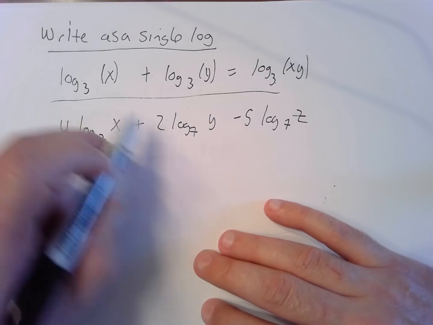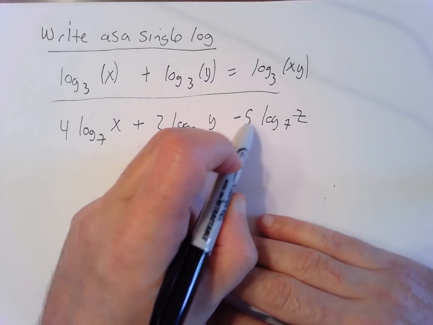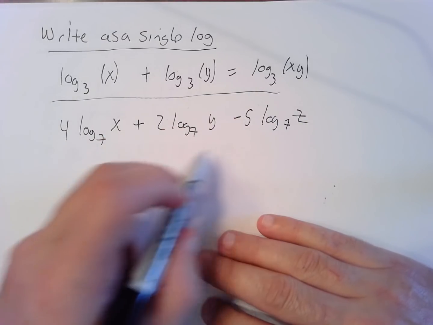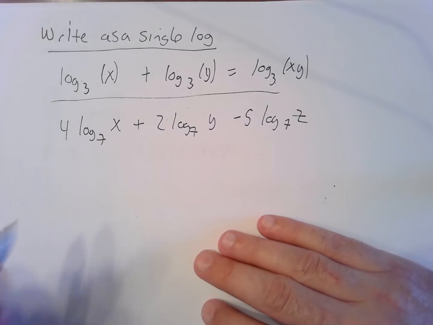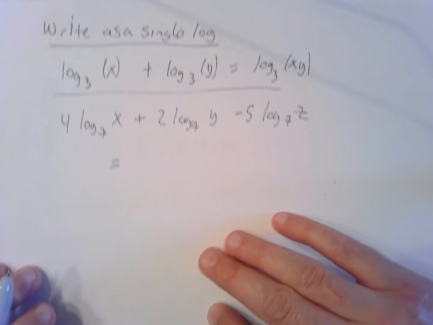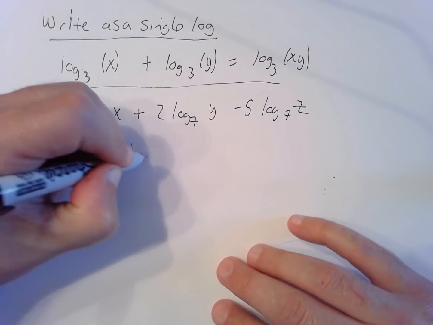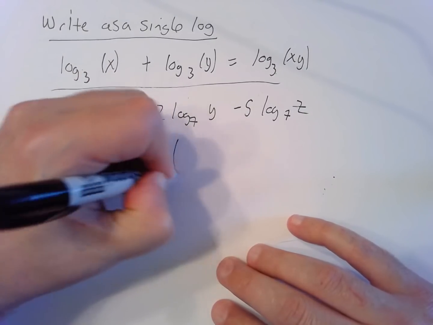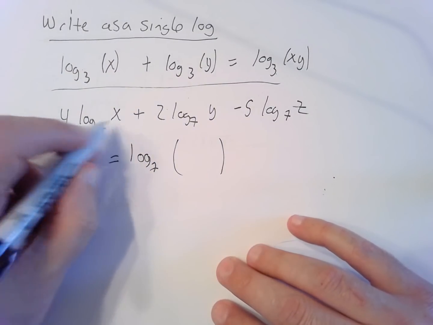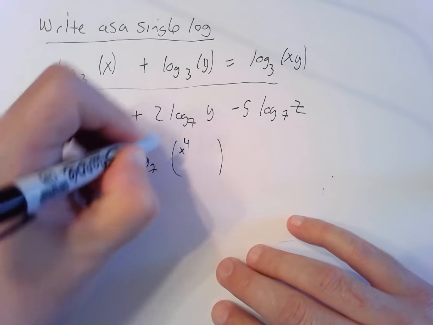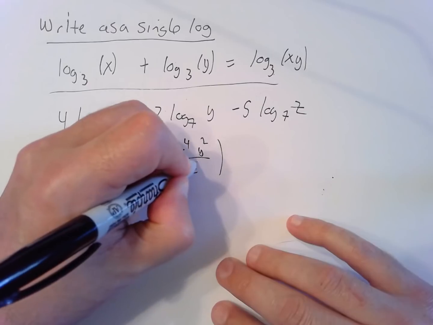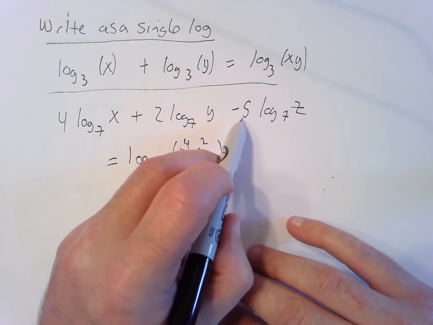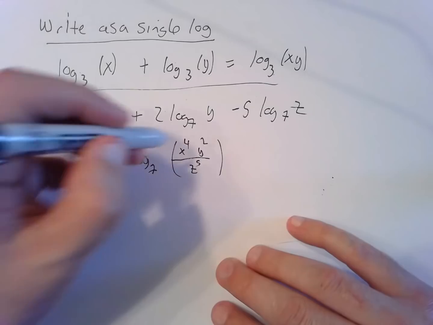So I would get x to the 4th, I would get a y squared, I would get a z to the 5th. And just remember, anybody that's positive is on top, anybody negative is on the bottom. So I could just jump right to the answer here. Log base 7. I'm going to get an x to the 4th, a y squared, and a bottom of z to the 5th because that z was negative. Anybody that's negative just ends up in the bottom.